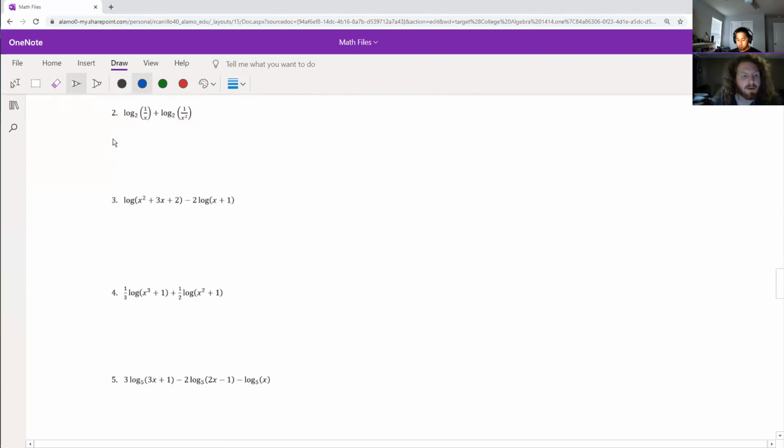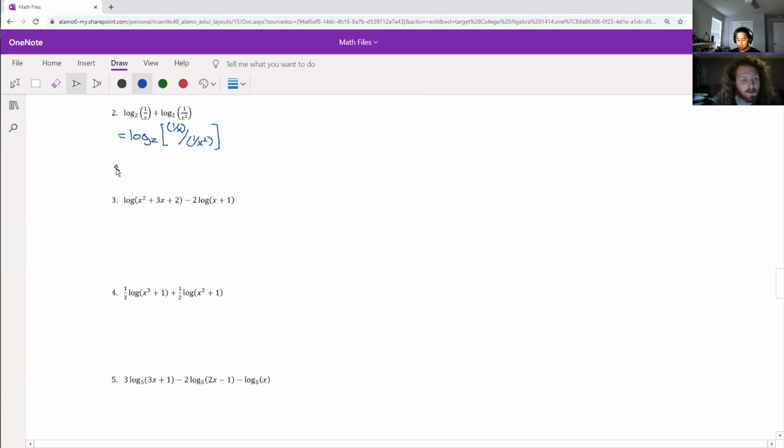All right, so the next one we want to combine down into one. So we have addition with similar bases. That means that this will be equal to log base 2 of the quantity 1 over x divided by 1 over x squared. Well, what is that? Just 1 over x, but we'll figure it out.